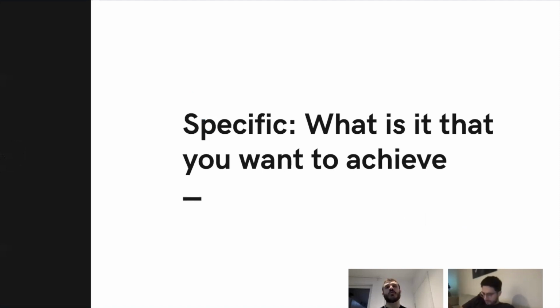For example, if I say I want to lose weight, I want to get more specific: I want to lose 5 kilo, right? So now I'm making it more specific. Or I want to lose 5 kilo of fat, even better. So saying how much I want to lose, and what I want to lose, it narrows it down, and that's the S of the SMART approach. So specific.